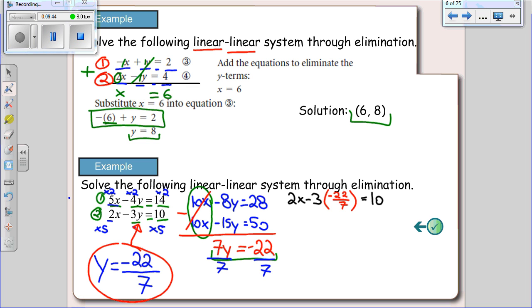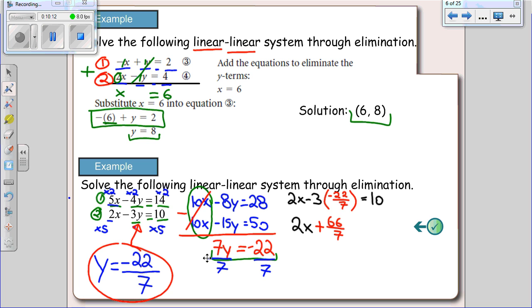So, sorry, it's negative 3 times 22 over 7, and that's a negative 22, of course, and then you math frac it in your calculator, and you should get 2x, and that can combine to become plus 66 over 7 equals 10.